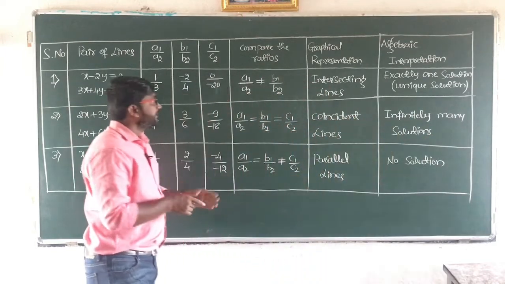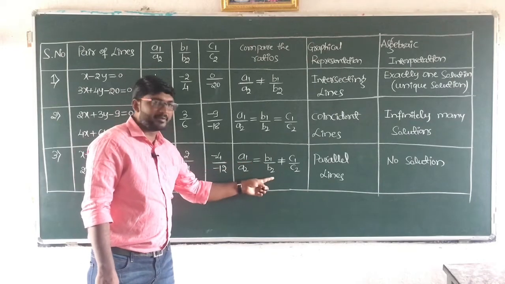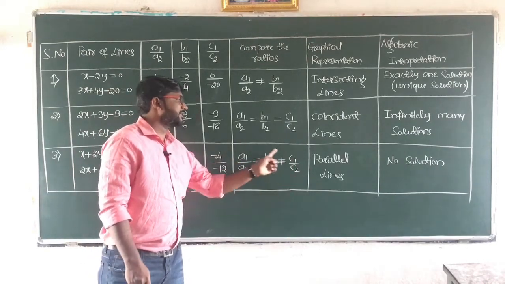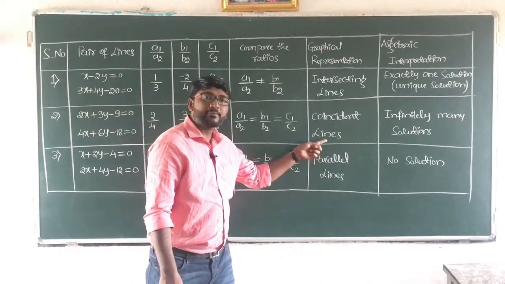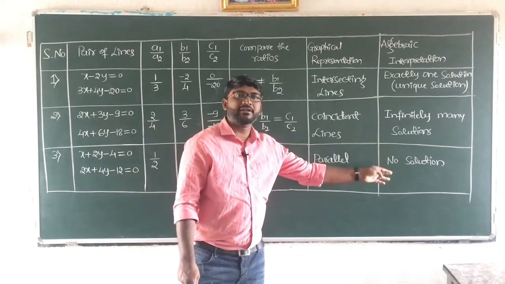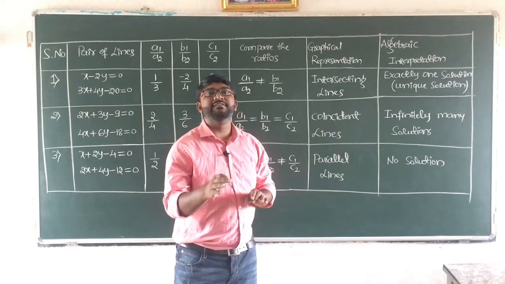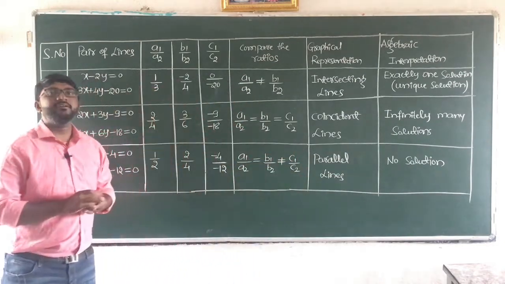And if A1 by A2 is equal to B1 by B2 but not equal to C1 by C2, then those two lines are parallel lines. If they are parallel lines, they do not have any solution. If they do not have any solution, then for those two equations we say inconsistent equations. So this is all about this particular table.